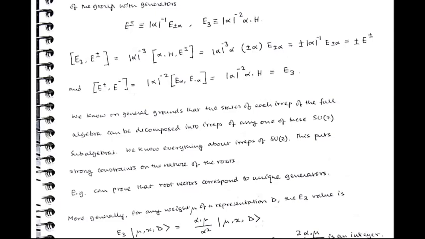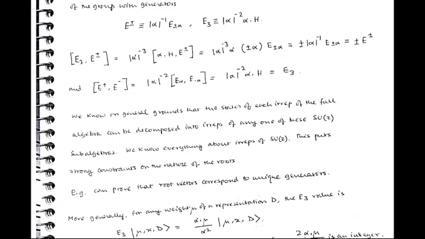Now we know on general grounds that states of each irreducible representation of the full algebra can be decomposed into irreducible representations of any of these SU2 subalgebras. And as we have been saying, we know everything about the irreducible representations of SU2s.